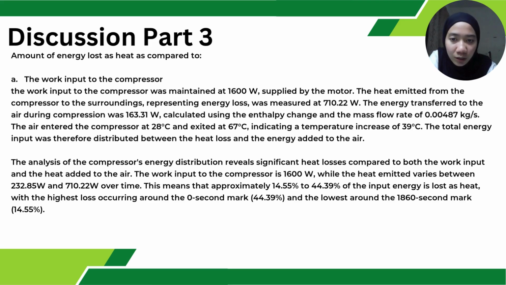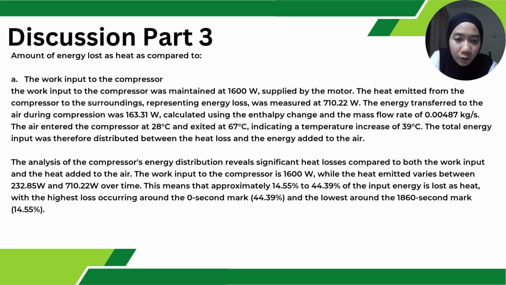increase of 39 Celsius. The total energy input was therefore distributed between the heat loss and the energy added to the air. The analysis of the compressor's energy distribution reveals significant heat losses compared to both the work input and the heat added to the air. The work input to the compressor is 1600 watts, while the heat emitted varies between 232.85 watts and 710.22 watts over time.